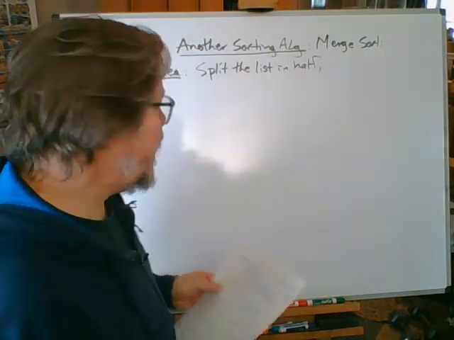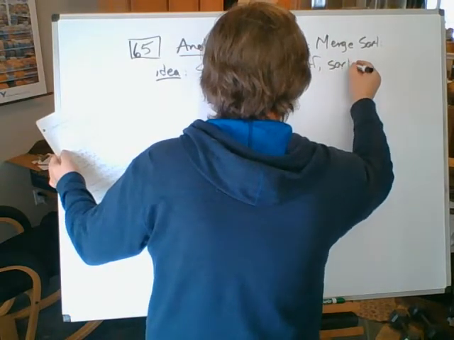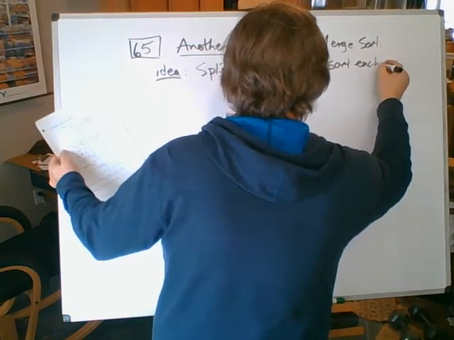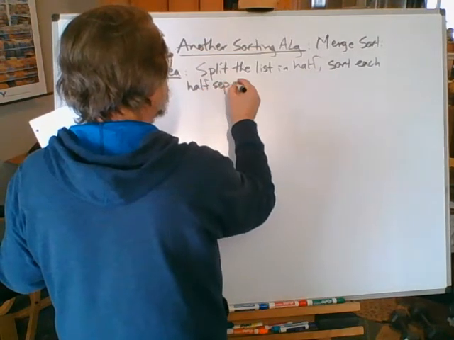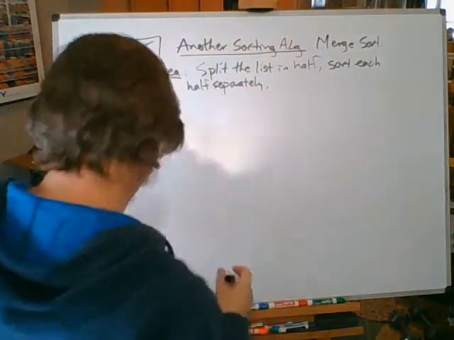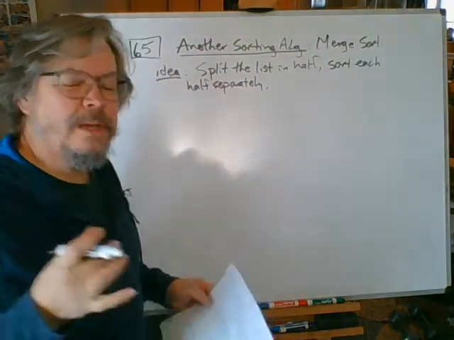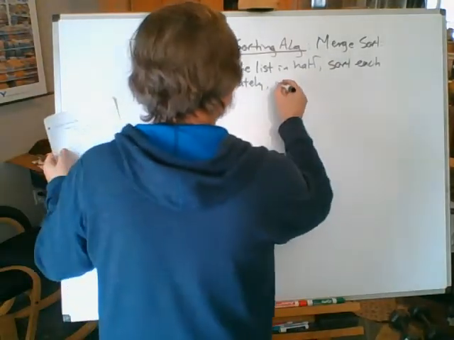Split the list in half, sort each half separately, and then merge the two sorted halves back together.